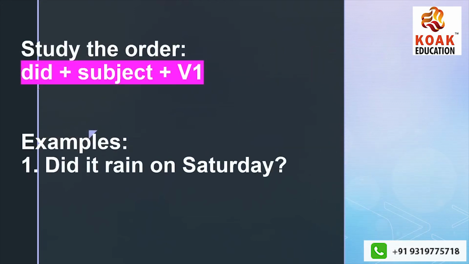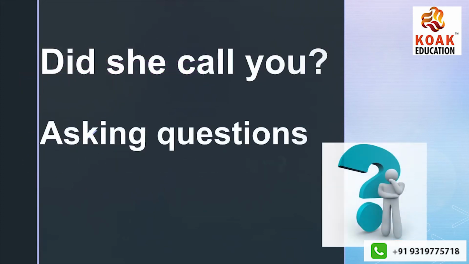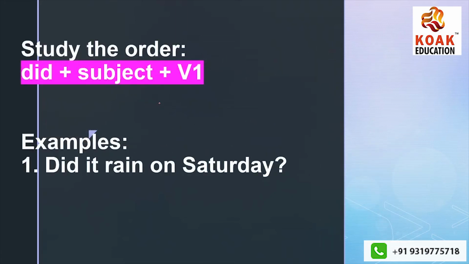This is the order: did plus subject plus first form of verb. Did plus subject plus first form of verb, and the same thing we have done here. That is it. So you have to follow this pattern.